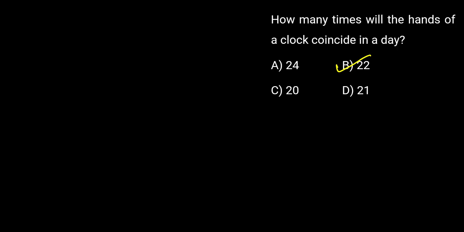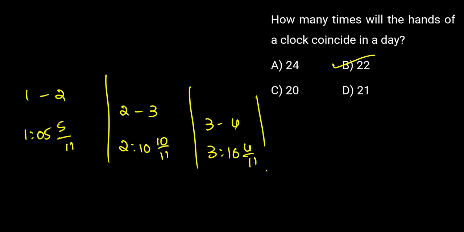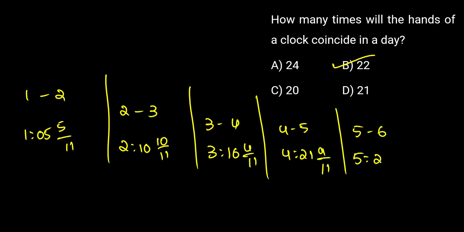See, 12 to 1, we'll go one by one. 1 to 2 o'clock, they coincide at 1:05 and 5 by 11 minutes. Don't ask me what the timing is, I think you people are aware. Between 2 to 3, 3 to 4, 4 to 5, 21 and 9 by 11. 5 to 6, 6 to 7.